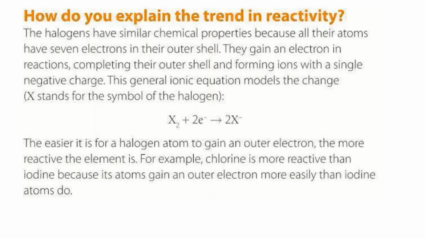So this is the opposite trend to group 1 elements, because in group 1, the outer electron is further away from the nucleus, and so therefore it is weaker, because there's only one single electron that's further away. But for group 7, it's nearly completely full, and so therefore the nucleus is attracting the electrons. For example, chlorine is more reactive than iodine because its atoms gain an outer electron more easily than iodine atoms do.